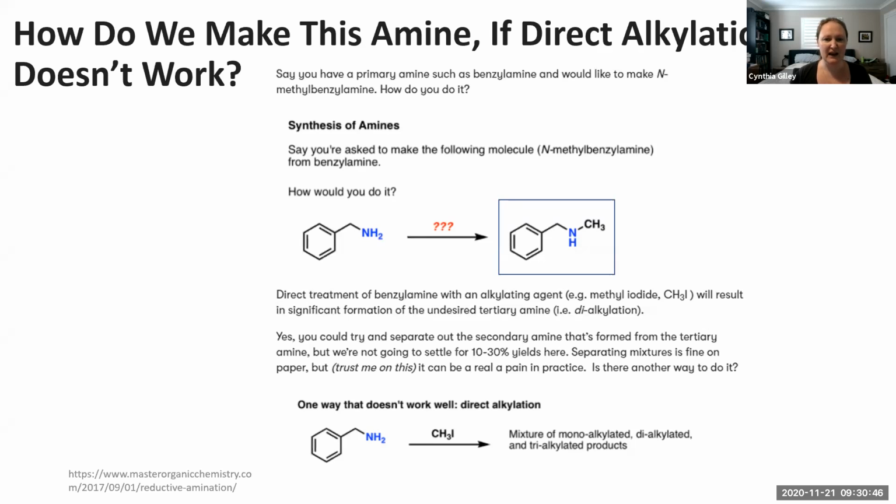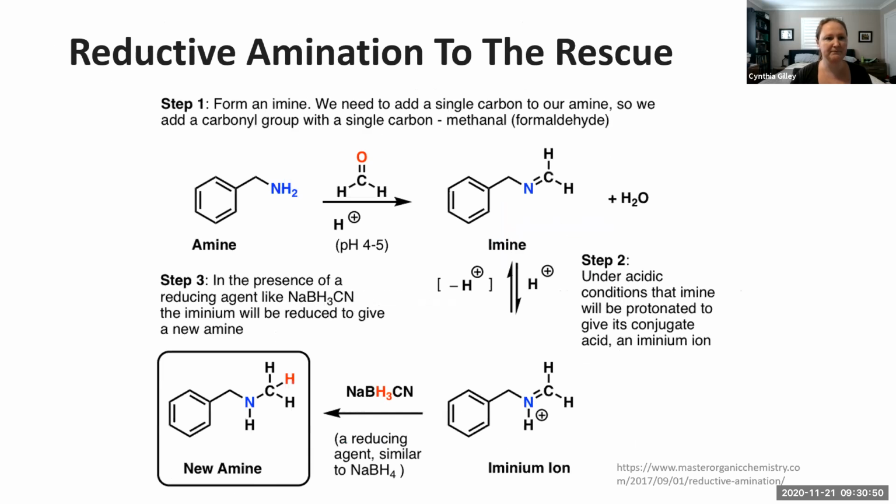So instead of that, we're going to use a process called reductive amination. Reductive amination allows us to, for example, convert a primary amine, such as benzylamine, to a secondary amine, such as N-methylbenzylamine.